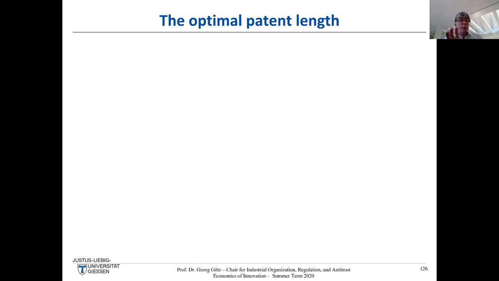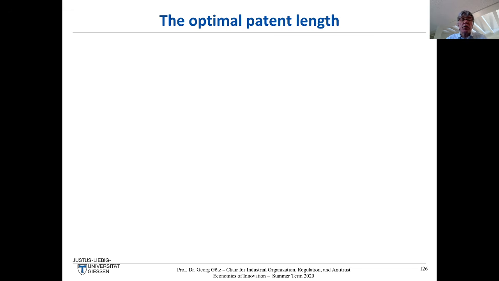You don't see pharmaceuticals there, because in pharmaceutical industries you only have a few inventions each year, but these are typically very important inventions. So if you have an invention providing a vaccine for corona, you know that this would be worth billions of euro for our economies.